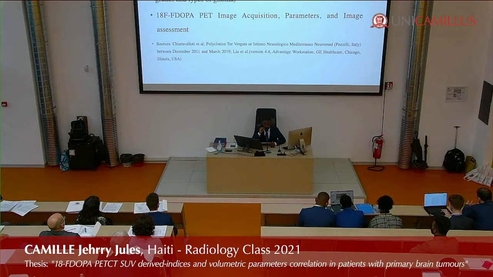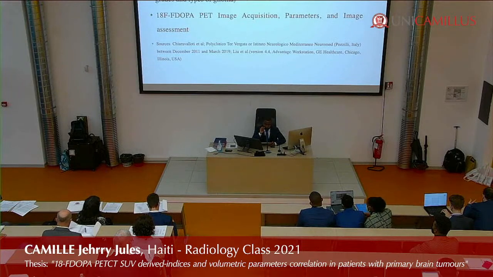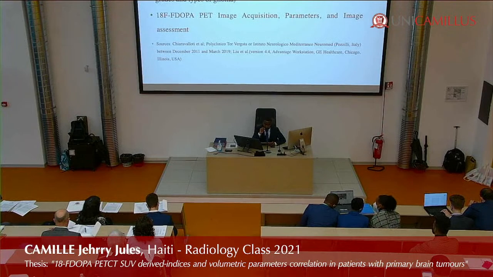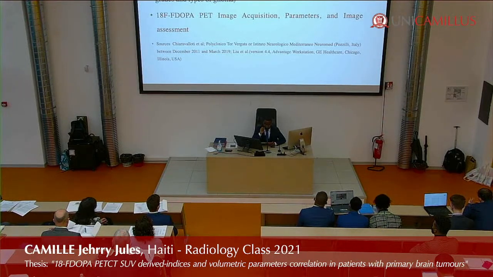For the reconstruction of the PET image, we used ordered subset expectation maximization, abbreviated OSEM, with 4 iterations and 8 subsets and a standard technique of 2 model of 256 by 256 matrix for the acquisition of the image. All this part is for the material.